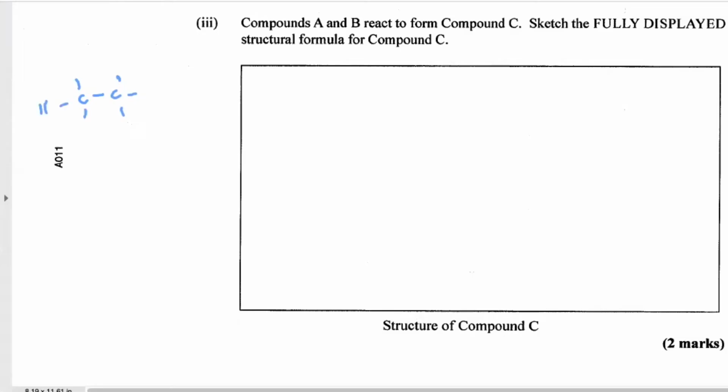So this is our structural formula for compound A, so we don't have to scroll up. This is compound A, and we said that that was ethanol.